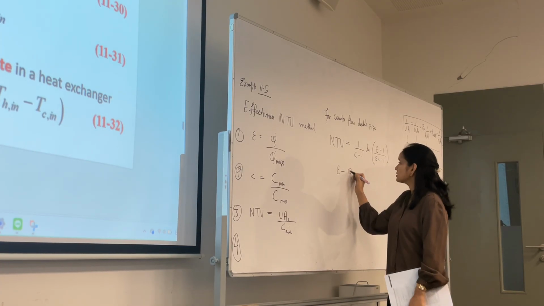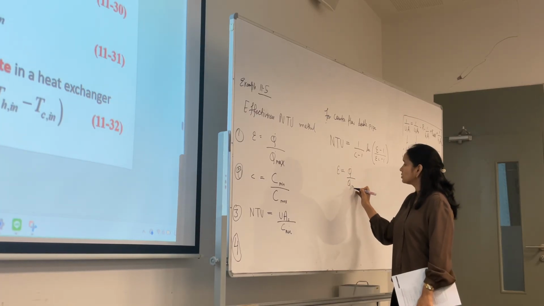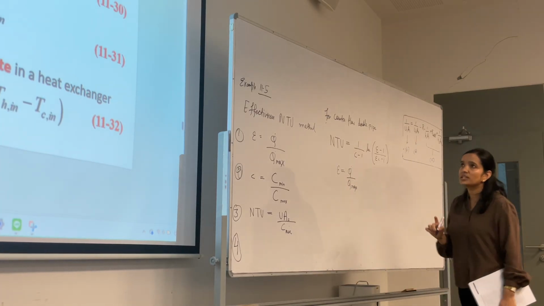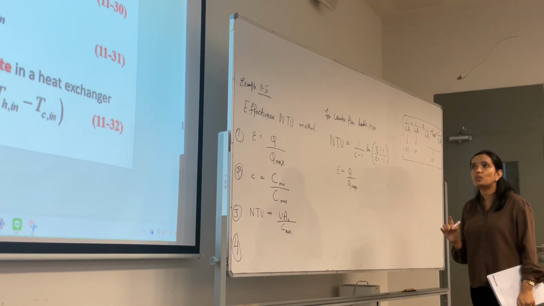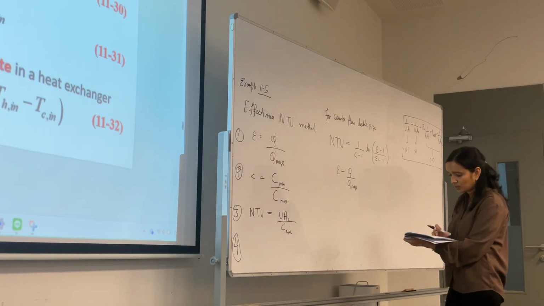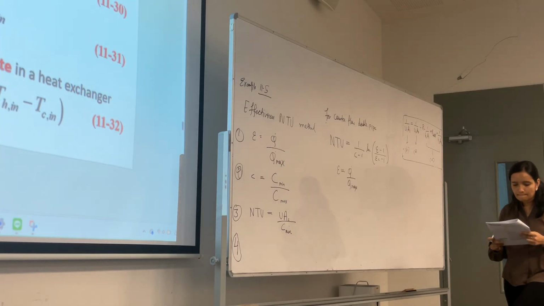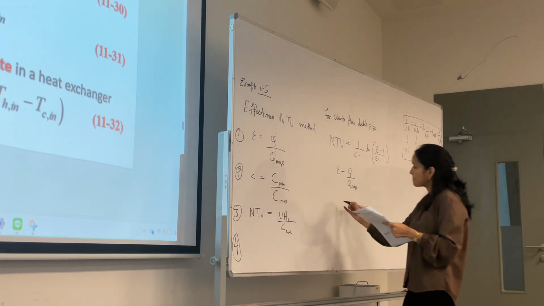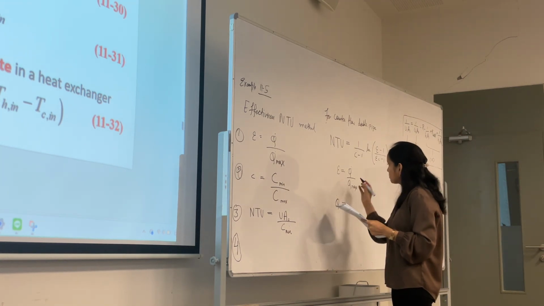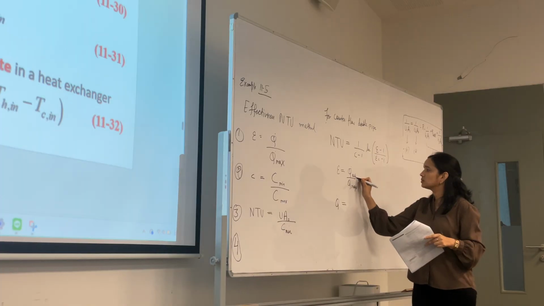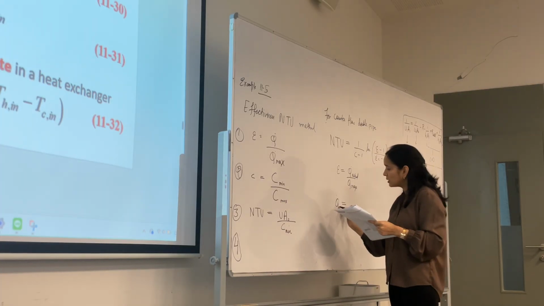Epsilon from here is the actual heat transfer rate divided by the maximum possible heat transfer rate. This is actual, this is maximum. I'm calculating actual.